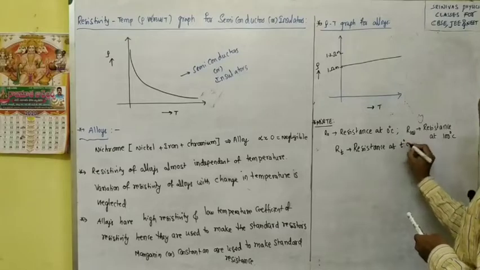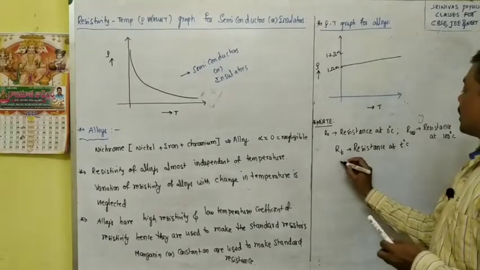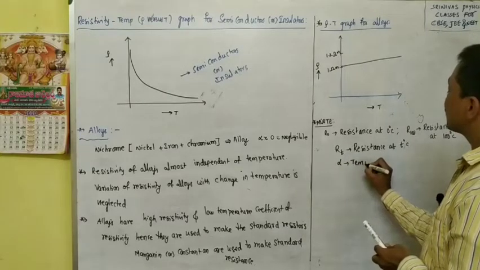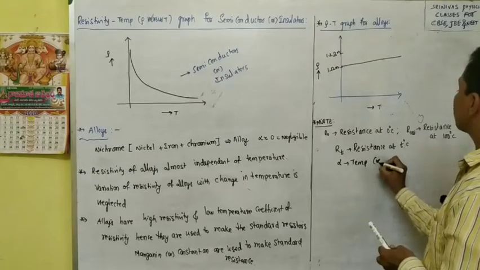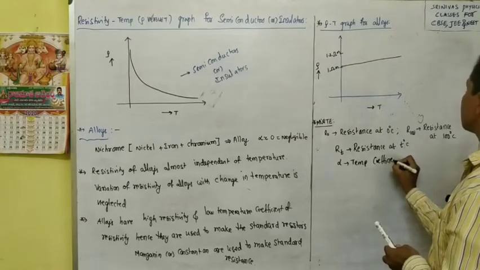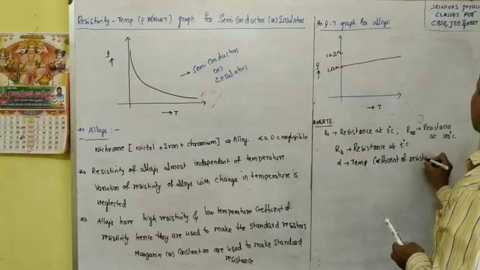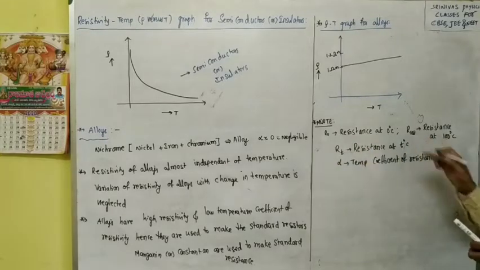Okay. Alpha is the temperature coefficient of resistance. Then we have to derive the formula for the temperature T in terms of RT, R0, R100.